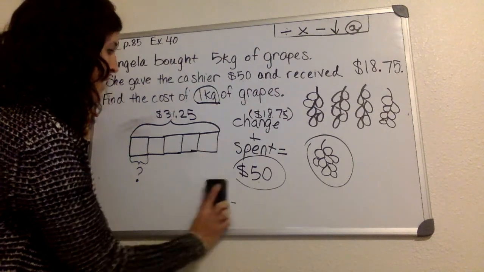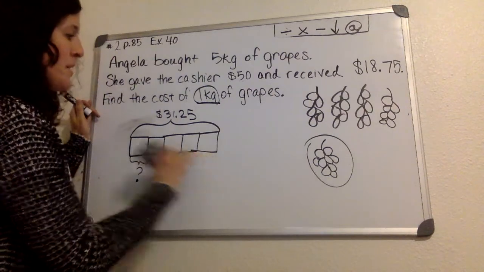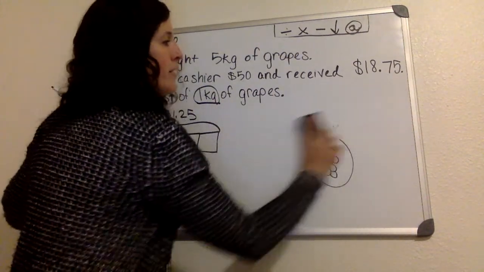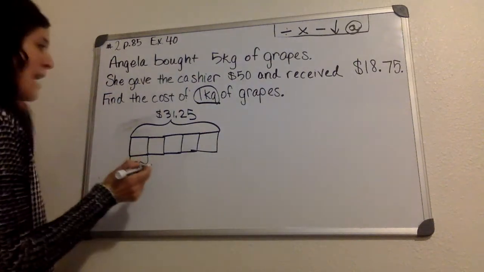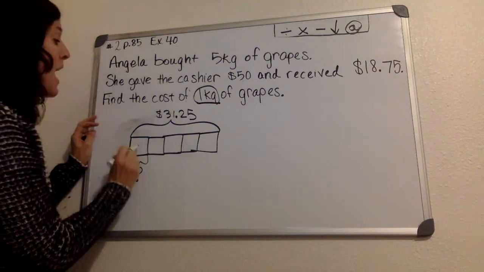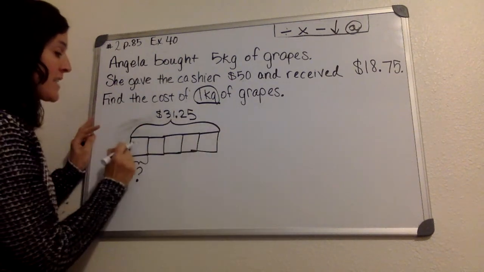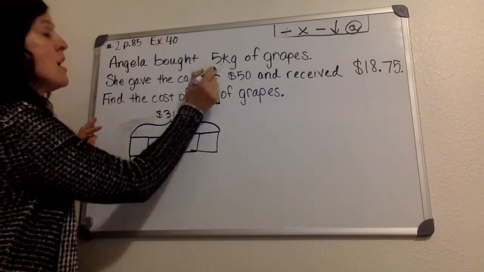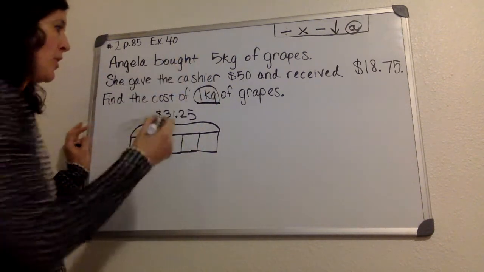I'll clean this up and this. And I'm going to get rid of my grapes because I turned them into a bar model. Now I've got $31.25. How many boxes does it take care of? It takes care of 1, 2, 3, 4, 5 because we have 5 kilograms of grapes.